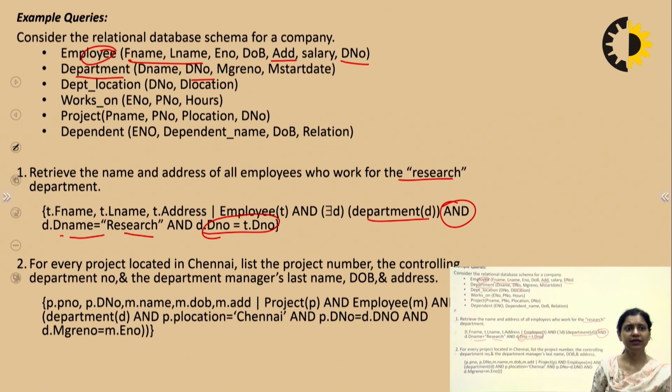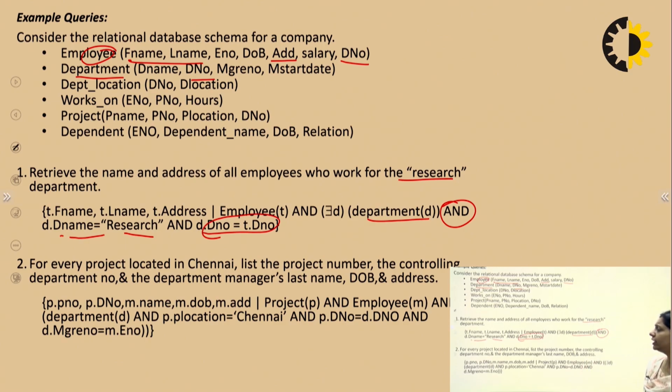So we have two conditions from the department table. The first one is that the department name should be research, and because we are fetching the data from two tables, we already discussed the foreign key concept. So we take department dot DNO, that is d dot DNO, and employee is represented with t. d dot DNO is equal to t dot DNO.